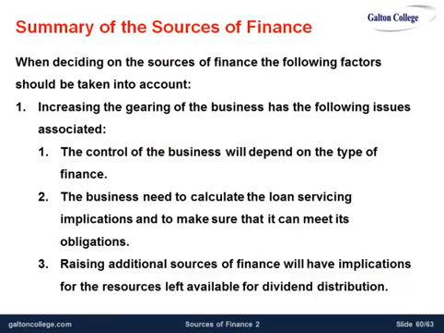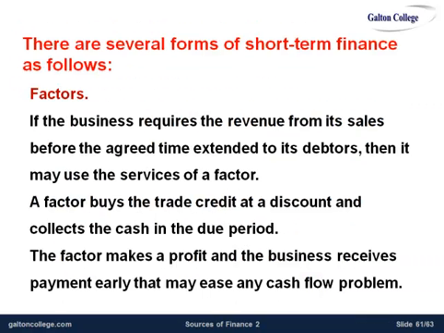And raising additional sources of finance will have implications for the resources left for dividend distribution. Presumably the investors who put money in at the start, the equity investors, did so to get a profit. And if that's been sapped up by interest payments, well, that means profits are reduced.